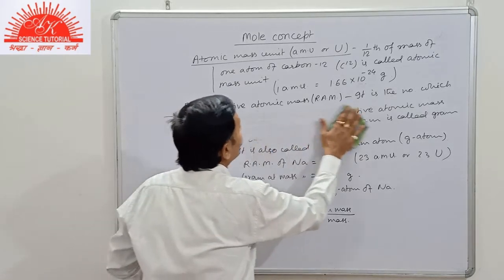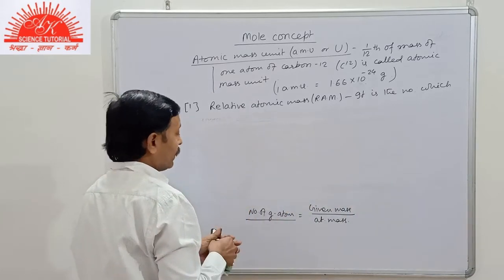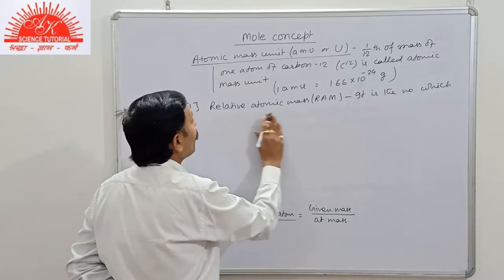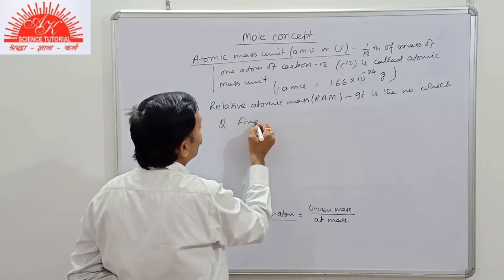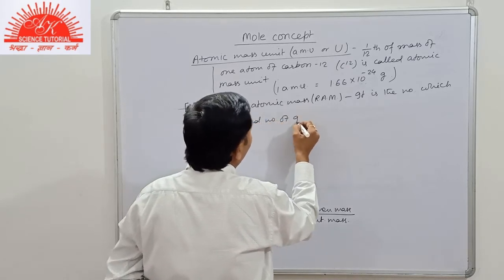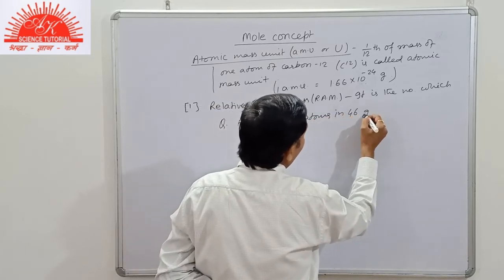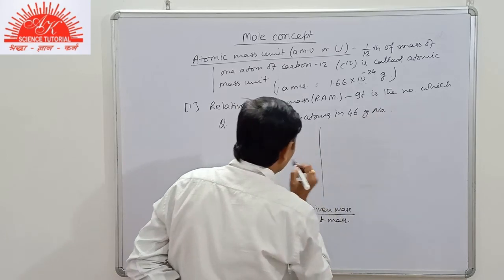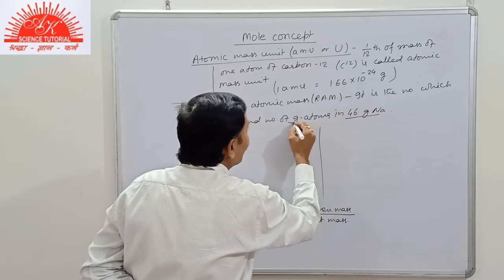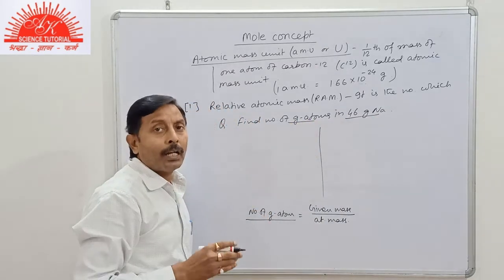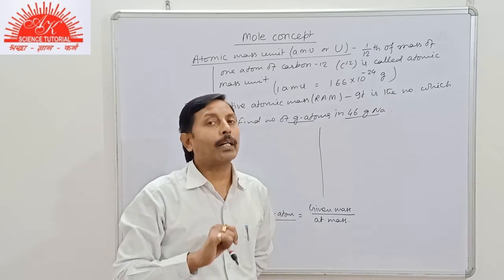For example, suppose the question is given: find the number of gram atoms in 46 gram sodium. Now you can have two parts. As the mass is given and we have to find the number of gram atoms, just recall that gram atomic mass equals 1 gram atom.